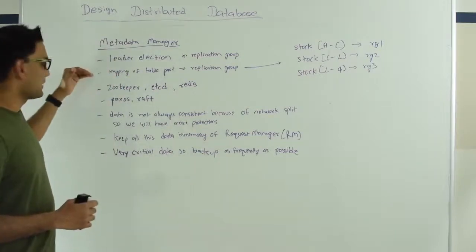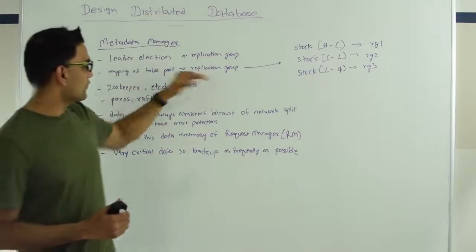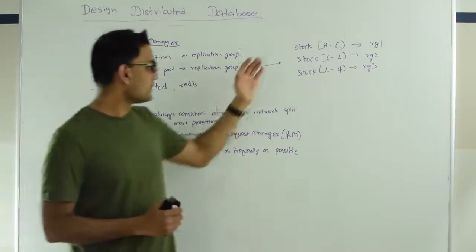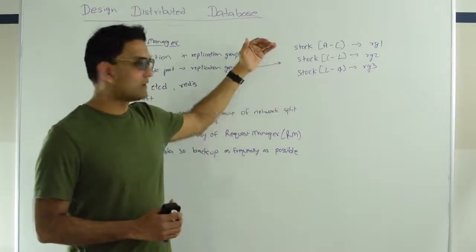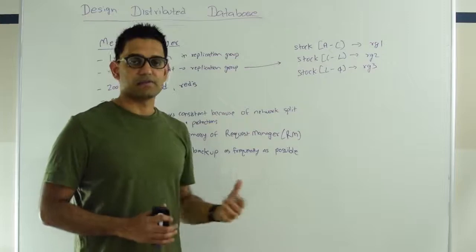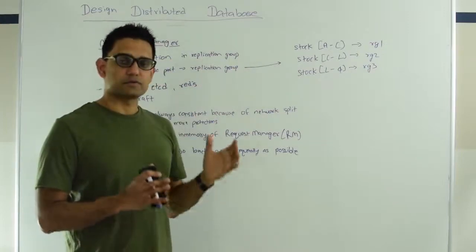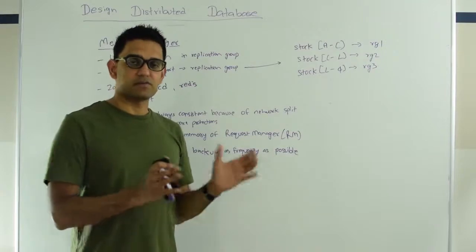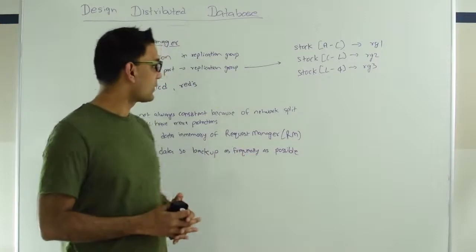The second responsibility for metadata manager is to keep the mapping of table part to replication group. Coming back to our stocks example, let's suppose that this stocks table has billions of records. So we want to split this stocks table into smaller parts and have a different replication group for each part.